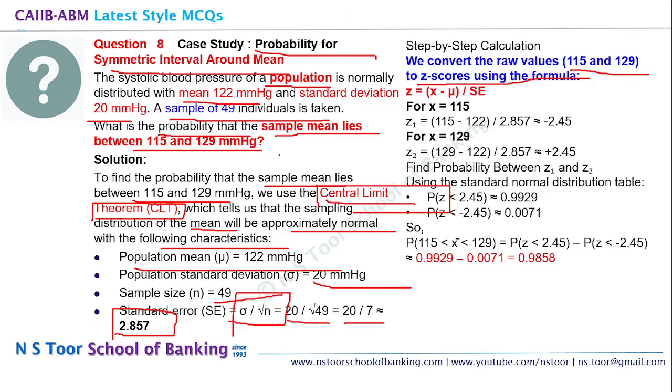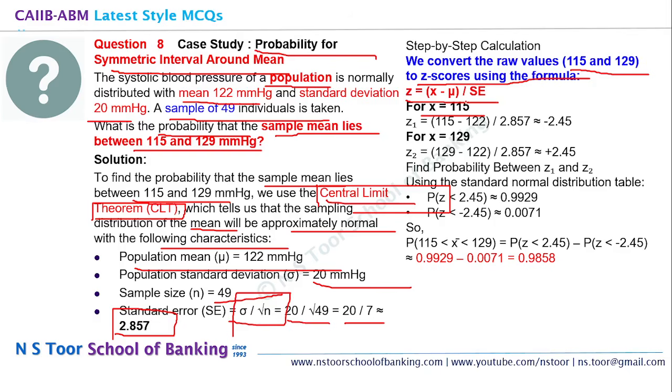So if x is 115, the lower level, how shall I find the Z score? Z score is equal to x minus population mean mu, divided by the standard error. That is the formula.